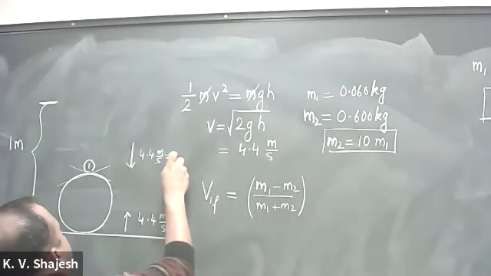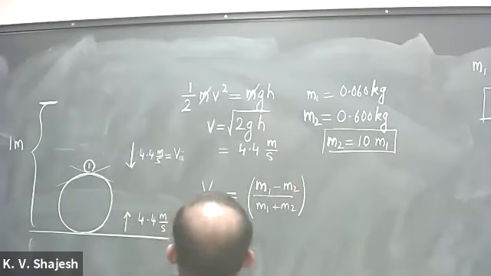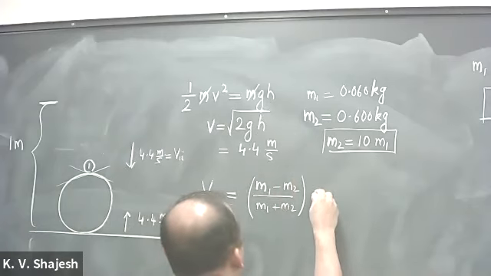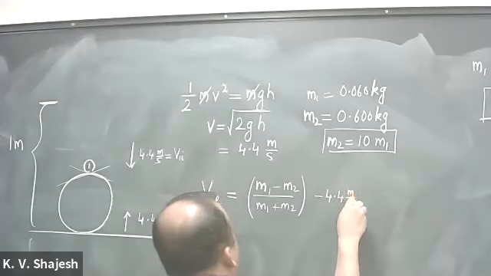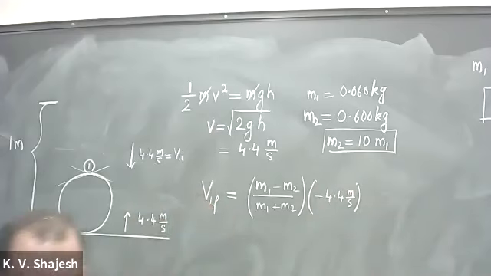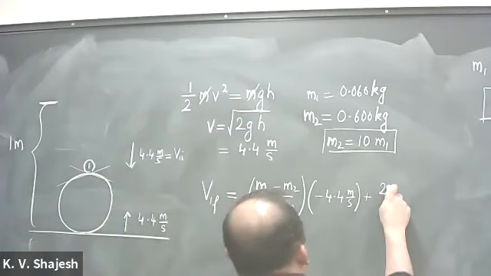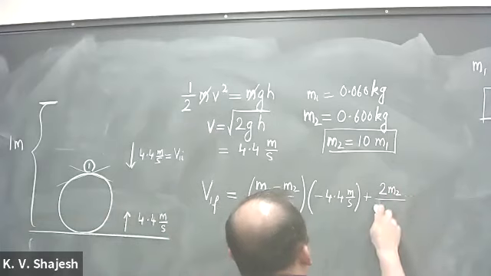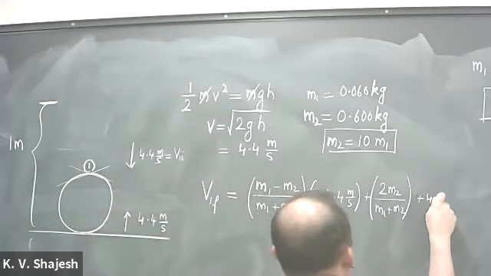So that's your v1 initial. It's going down, so let me say it is minus. So it's minus 4.4 meters per second. And this is plus 2 times m2 divided by m1 plus m2 times plus 4.4 meters per second.